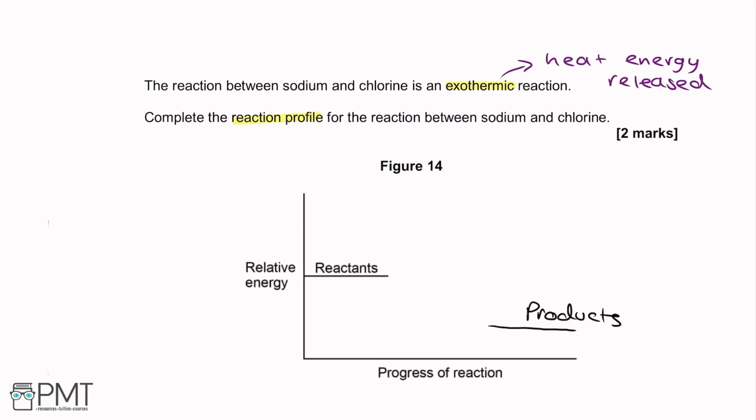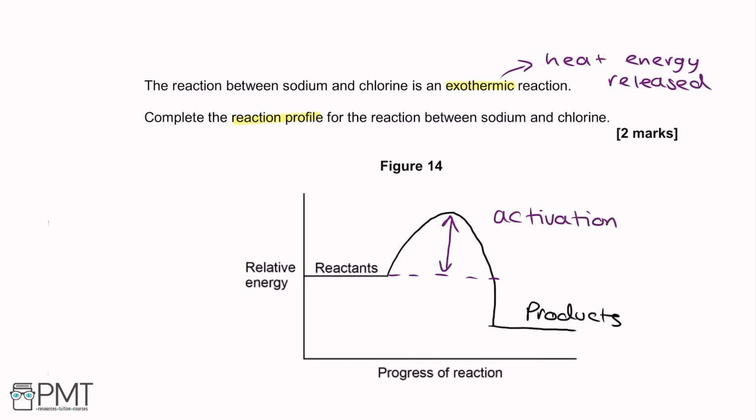So now all we need to do is join that line for the reactants and the products, and we do that using a curve. Now the curve goes up and down, forms a sort of hill shape. And if you remember, this change in energy here, we call the activation energy.